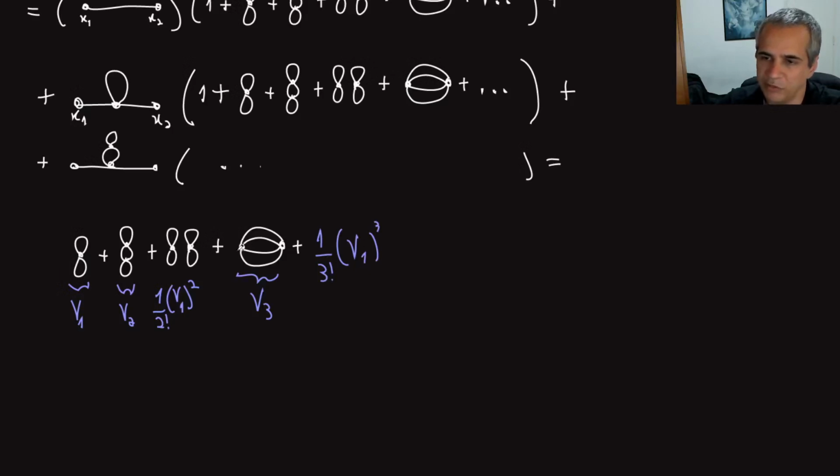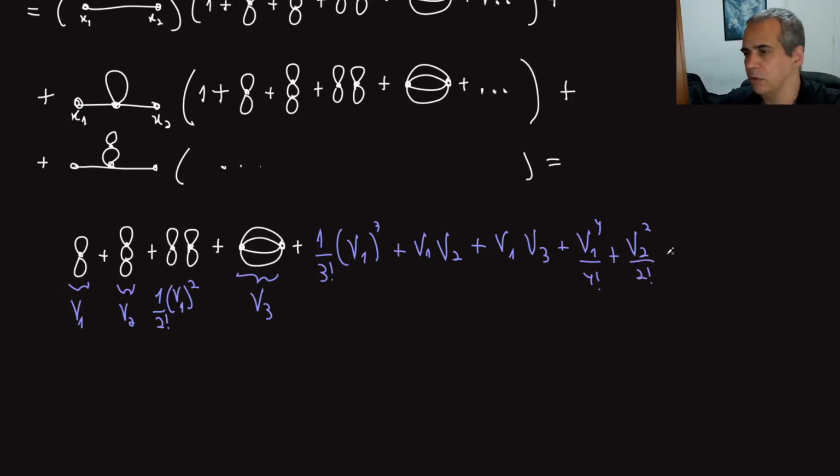Now the 1 over 3 factorial is because I have 3 times the bubble V1, and there's an extra symmetry factor on the fact that I can exchange them in 3 factorial ways. I could also have V1 times V2. I could also have V1, V3, right? And so on. I could have V1 to the 4th over 4 factorial. I could have V2 squared over 2 factorial, and so it goes.